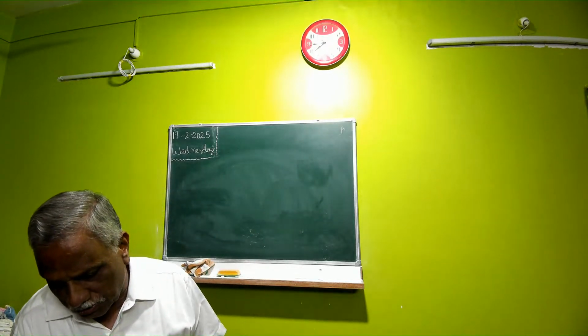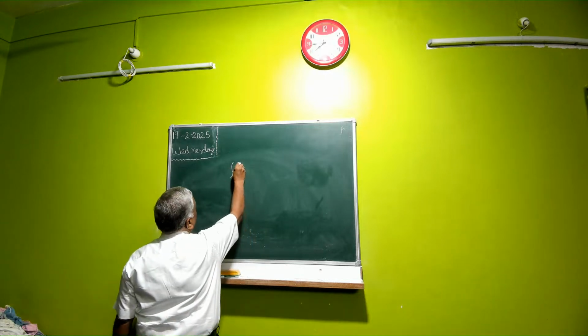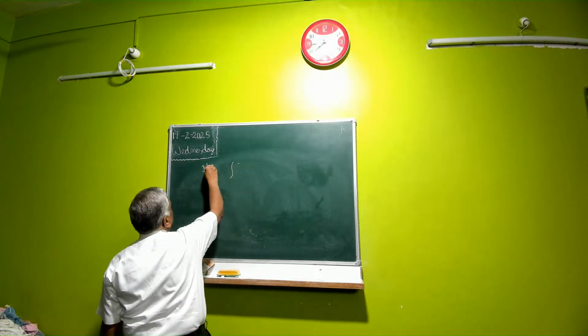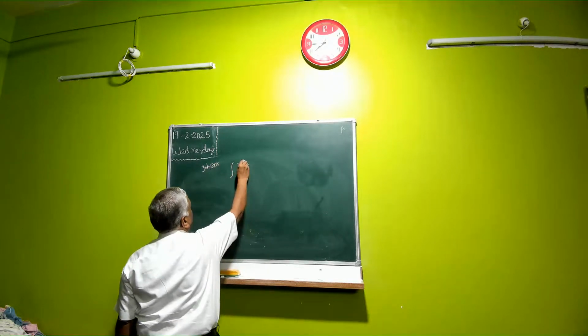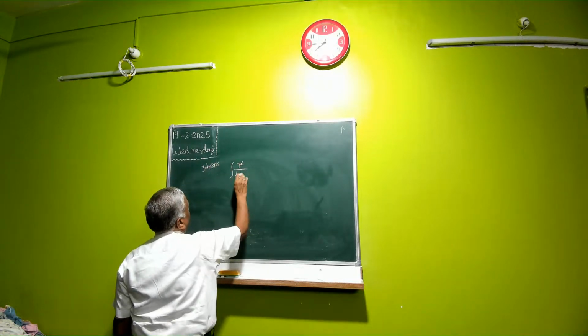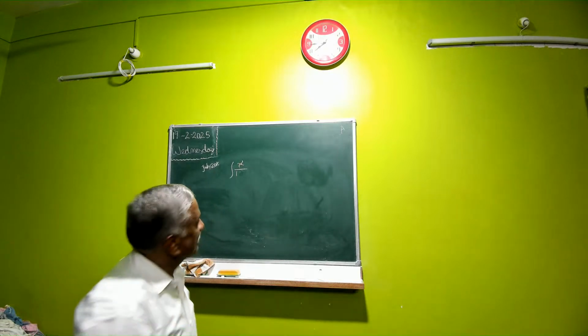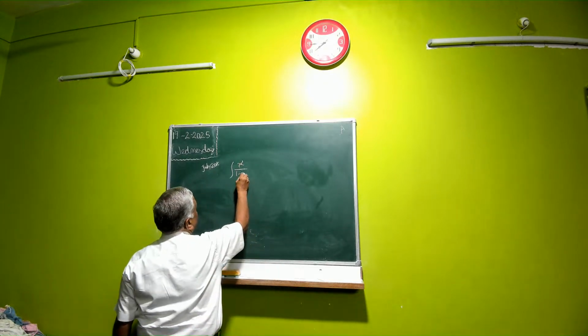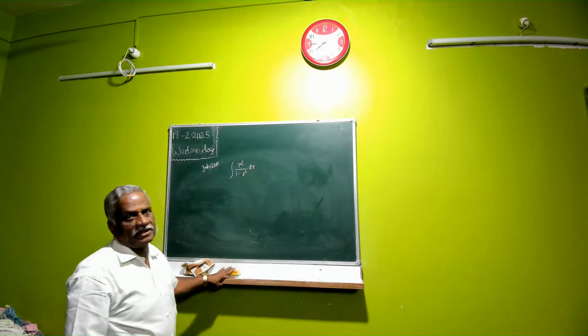So the July 2016 paper is x square over 1 minus x to the power of 6. You have to copy the problem properly.